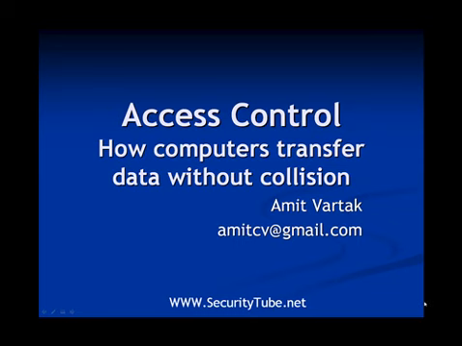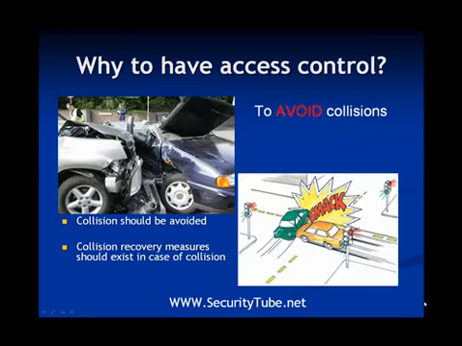Now a natural question: why have access control? The simple answer is to avoid collisions. As we have traffic rules on the road, similarly there should be some rules or protocols that have to be observed by the computers accessing the internet or the LAN.